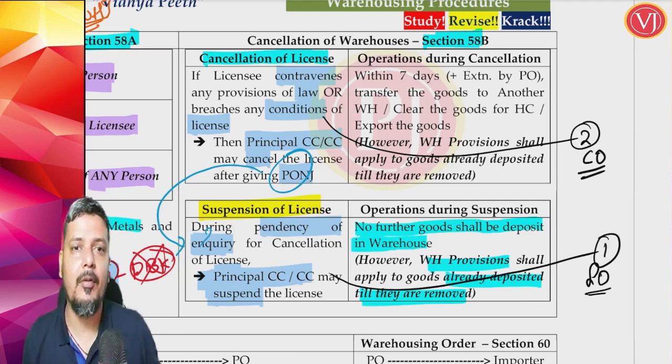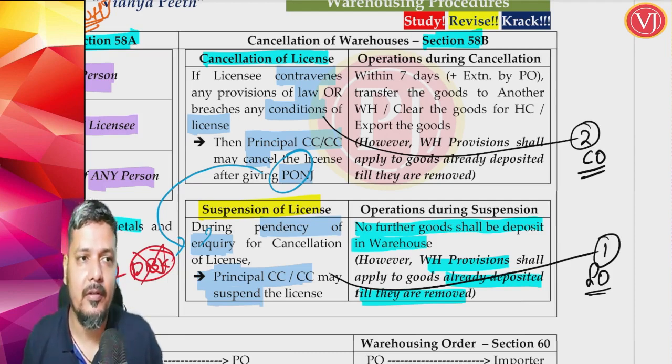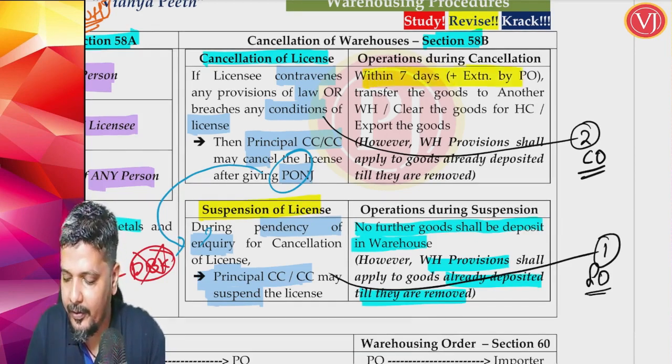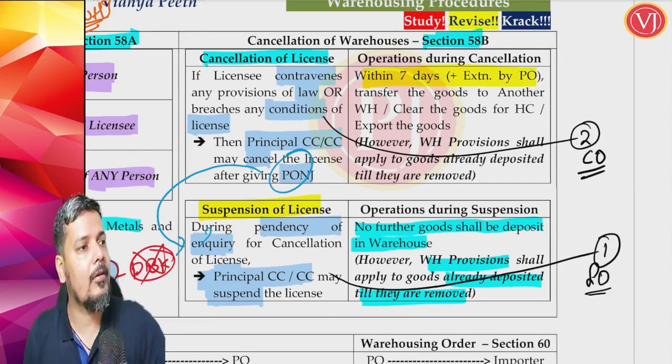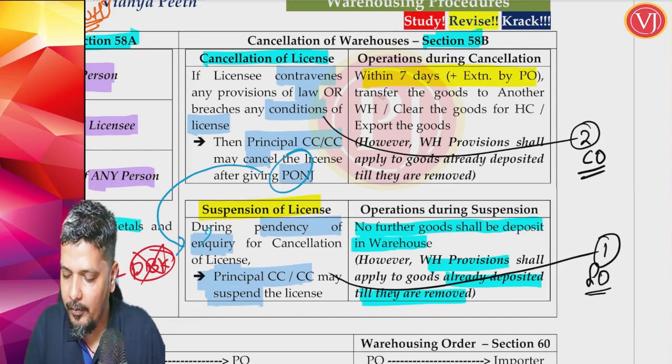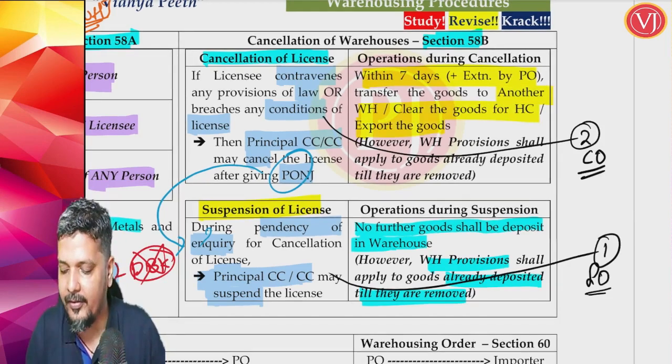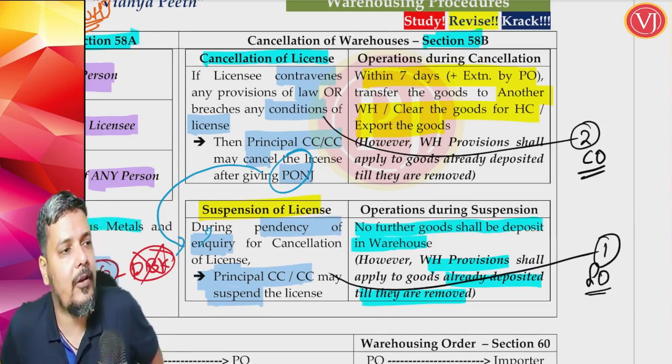Now, will cancellation be more serious or less serious? After cancellation, within 7 days plus extension by the proper officer, transfer all the goods which are there in your warehouse to another warehouse, or ask the importer to clear the goods for home consumption, or ask the importer to export the goods.